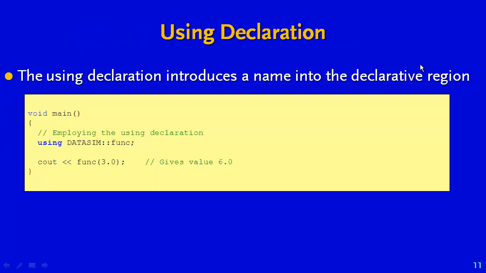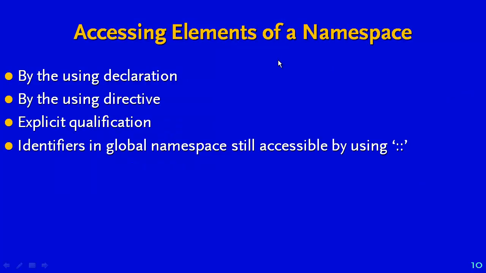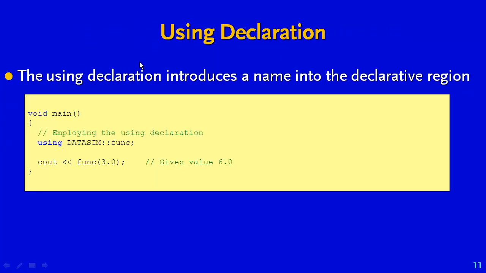Okay, so I'm now going to go through the options here. The first one is called the using declaration. So I just say, what do you want to use? Well, I want to use something in the namespace. Well, you just use it. So I say, not everything in the namespace. I'm saying, I'm very interested in func in namespace datasim.